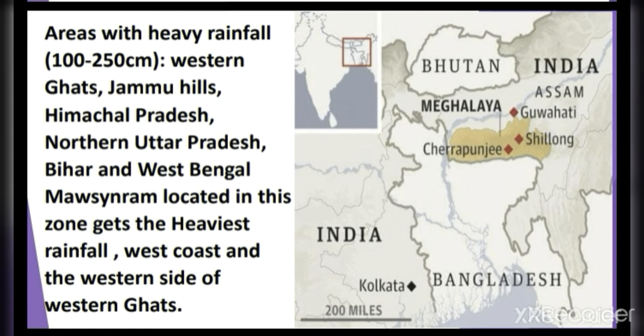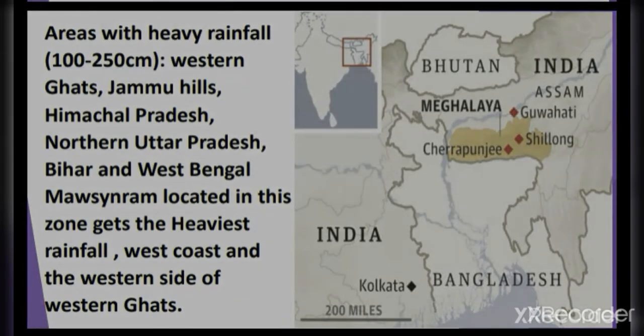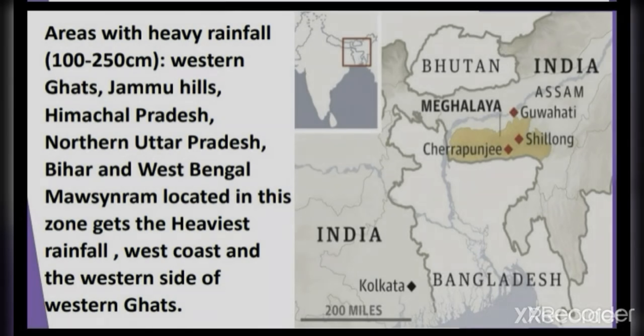In Meghalaya, Mawsynram is located in this zone and gets the heaviest rainfall, and the West Coast and the western side of Western Ghats get heavy rainfall.